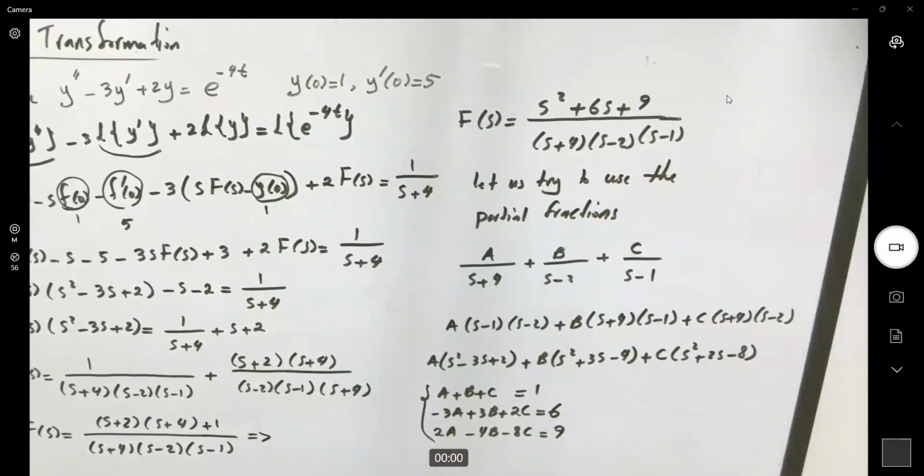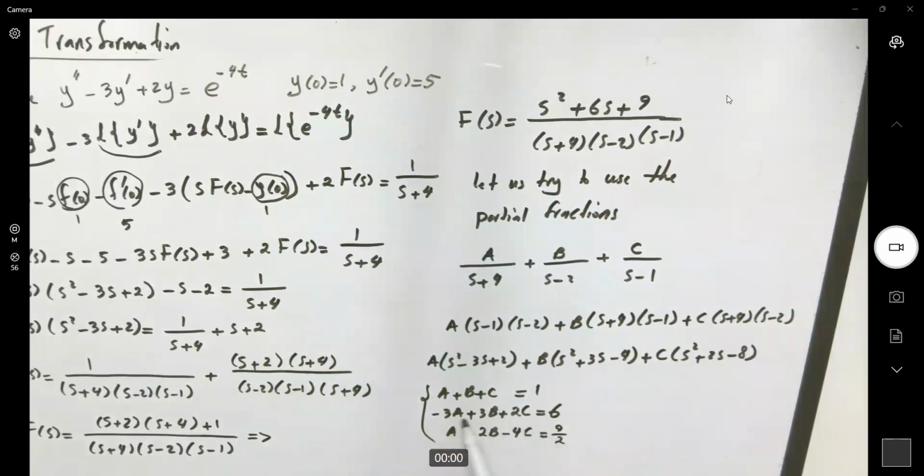So let's see what we can do here. If we divide this by 2, we get a minus 2b minus 4c equals 9 divided by 2. What else do we have?